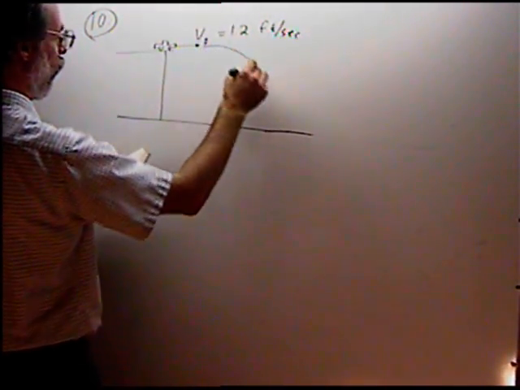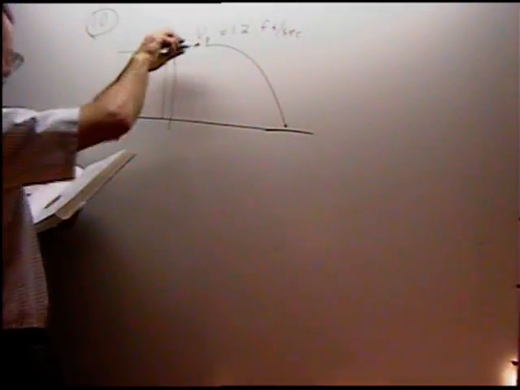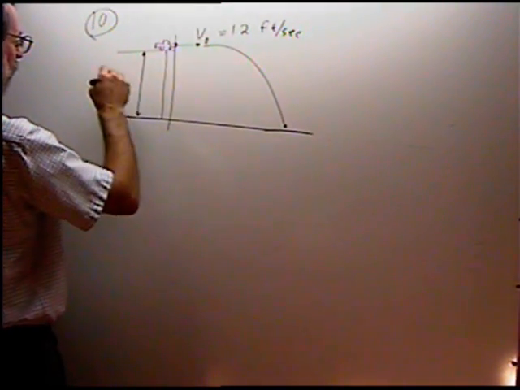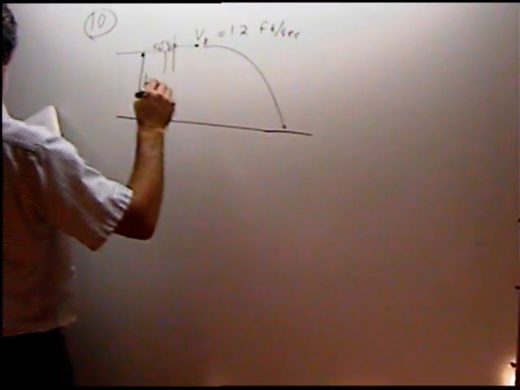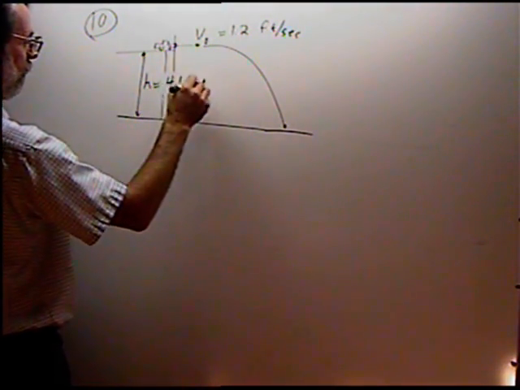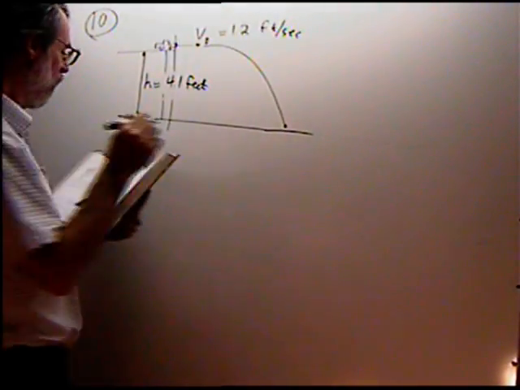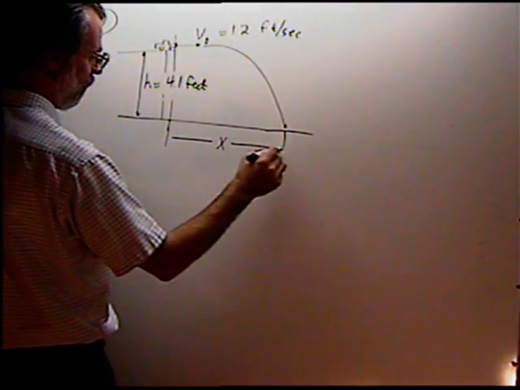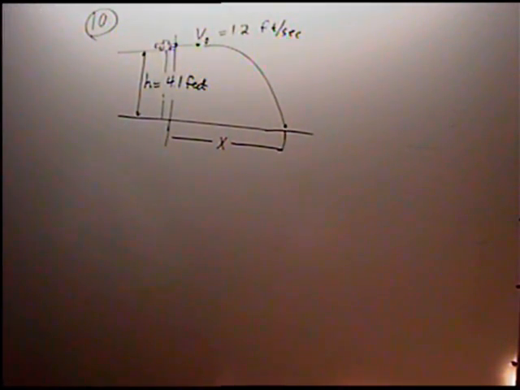And it goes bang, it hits right there, and it's horizontal, and this distance from here to here has a height of 4.1 feet. The question is, how far away from the table will it land? So what is this distance from the edge of the table to where it hits the ground? What is that distance?